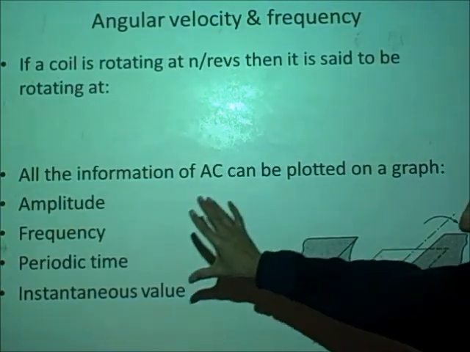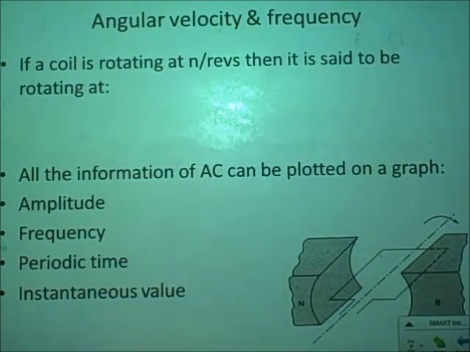All this information can be represented on a graph, but I will reiterate to you now that plotting an AC waveform or a graph can be quite complicated. Firstly, it takes time. Secondly, to determine the accuracy of such a graph, if I ask any one of you to draw the same graph with the information as such, and I ask you to pick a point or a value on that graph, you will have different answers.